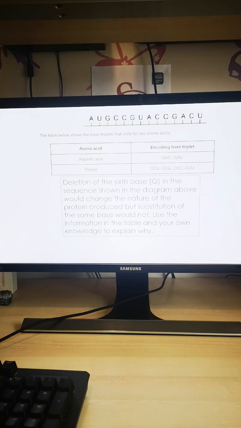It wouldn't have an impact here, but it would mean that the next codon would be A, C, C instead of UAC, and so on. So you change every one. Okay, but if you just substituted that G for any other base, it would still code for proline.